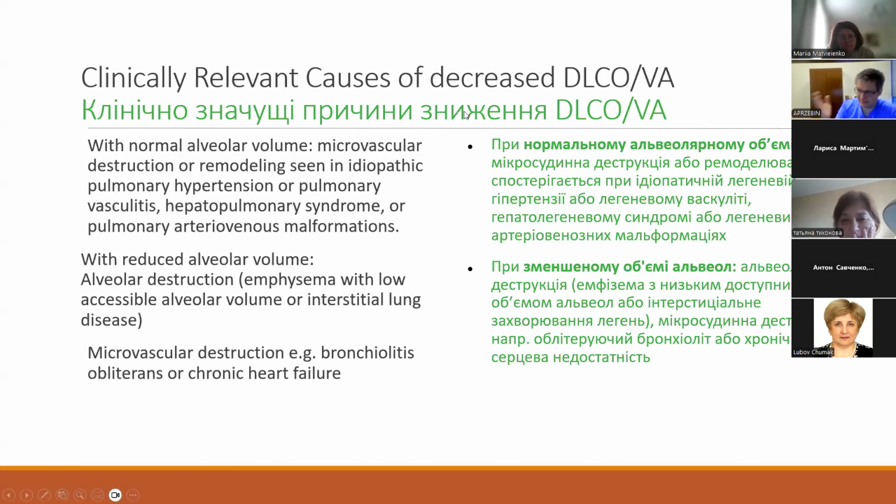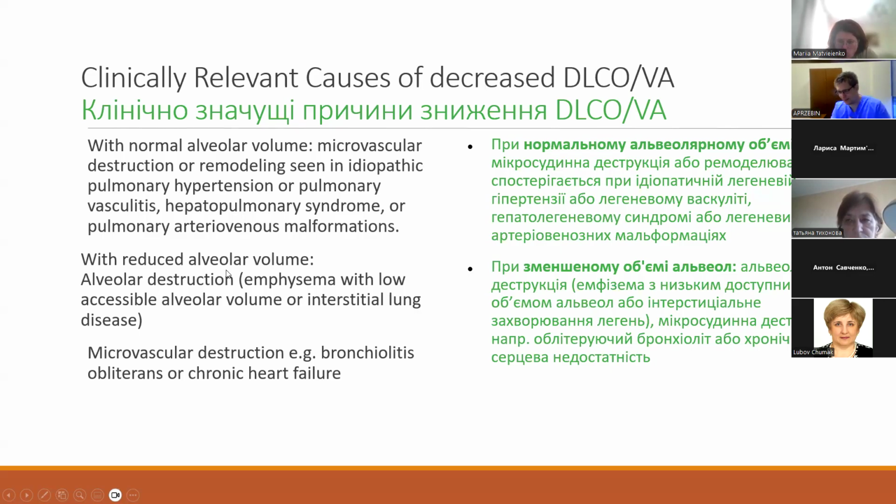And there are different clinically relevant causes of decreased efficiency of the lung units. And you can break them further down by how much alveolar volume you have. And these are probably less important to know. The concepts preceding are probably more important. So things like microvascular destruction or remodeling seen in idiopathic pulmonary hypertension or vasculitis or hepatopulmonary syndrome or pulmonary AVMs will cause a decreased DLCO over VA with a normal alveolar volume.